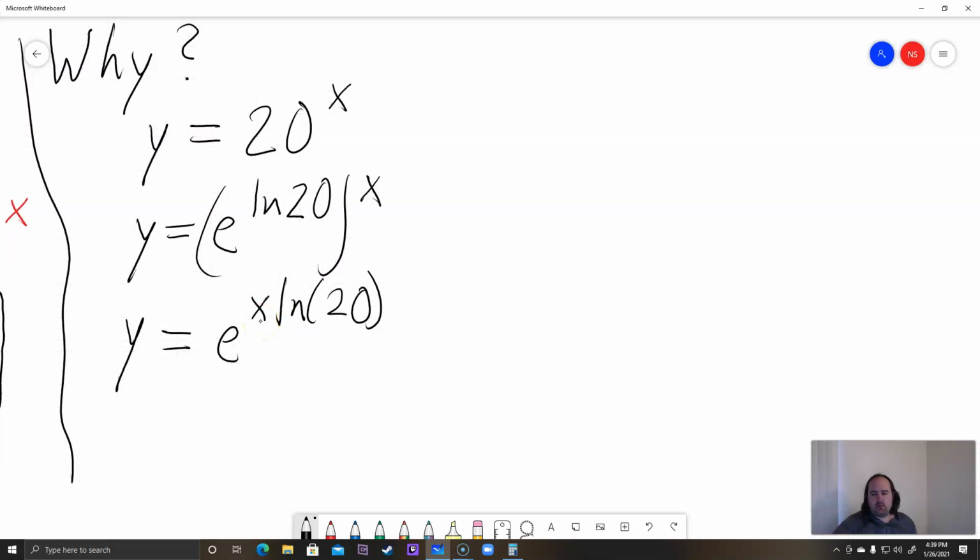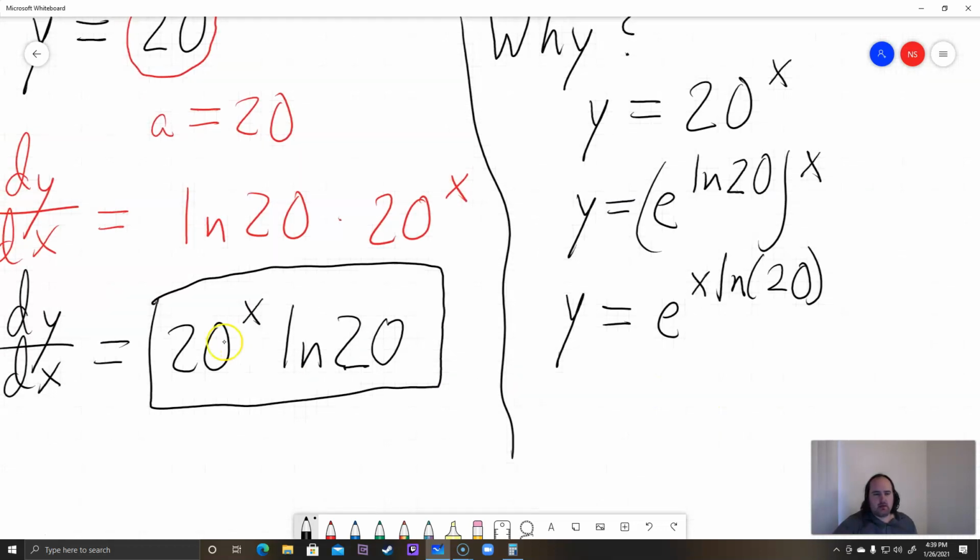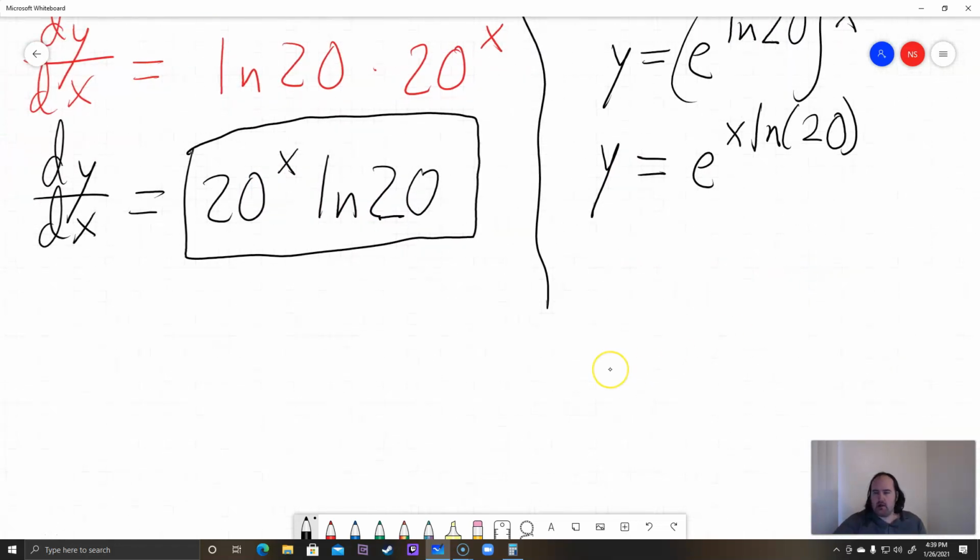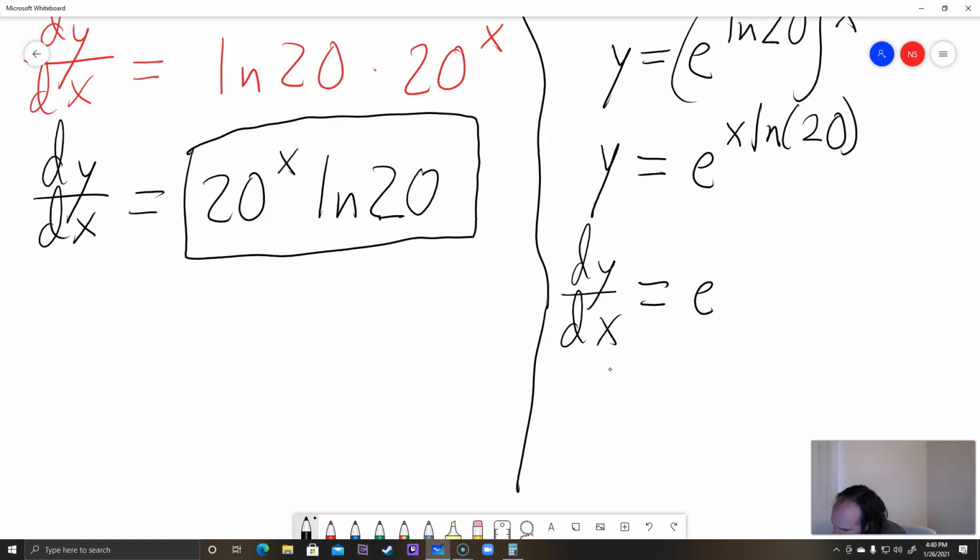All right, and then how do we get from this to 20 to the x ln of 20? Well, we just take the derivative. Okay, so here our derivative, dy dx. Using the chain rule, we take the derivative of the outer function, which is e, and we know that the derivative of e is just itself. So our outer function is still going to be e to the x ln of 20. But then we have to multiply this times the derivative of the inner function. But remember, ln of 20 is actually just a constant.